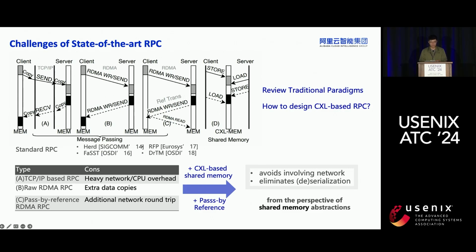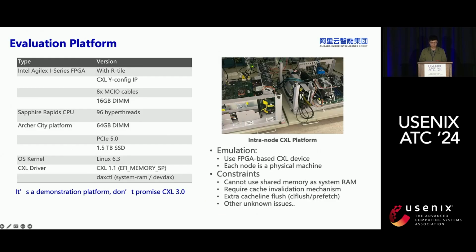Second, CXL provides better addressable access, enabling the linked pointer and allowing for in-place update. This eliminates the need for serialization. So when designing CXL-based RPC, it's essential to consider the architecture from the perspective of shared memory abstraction.